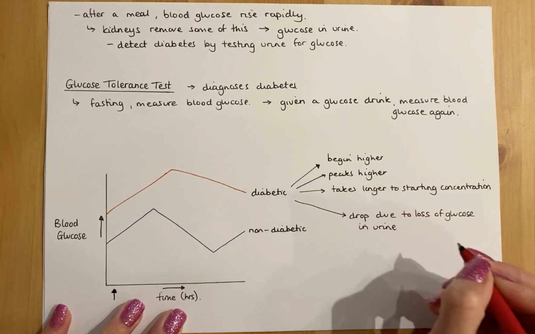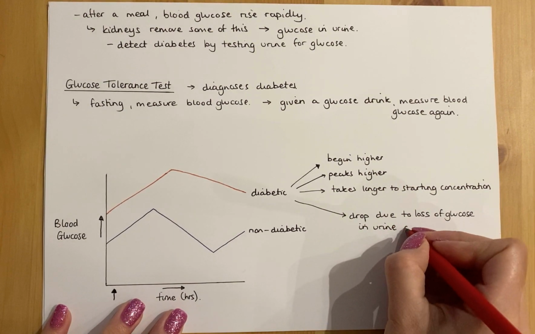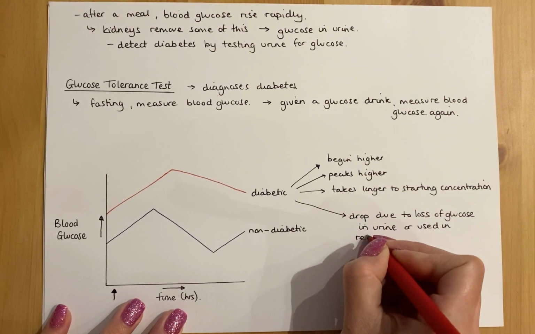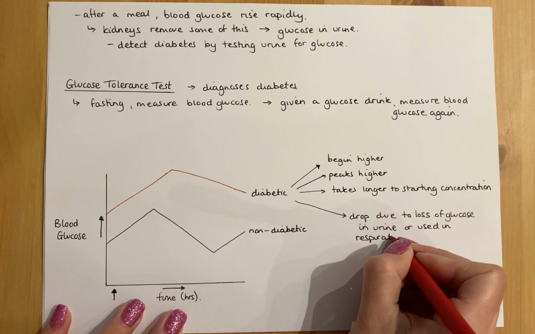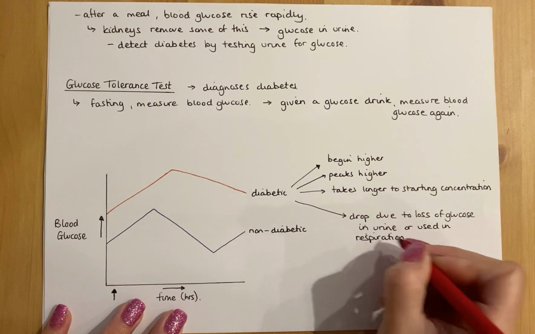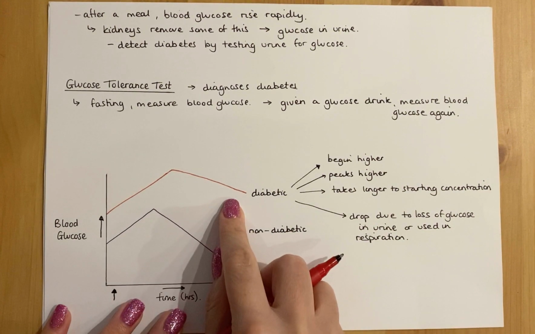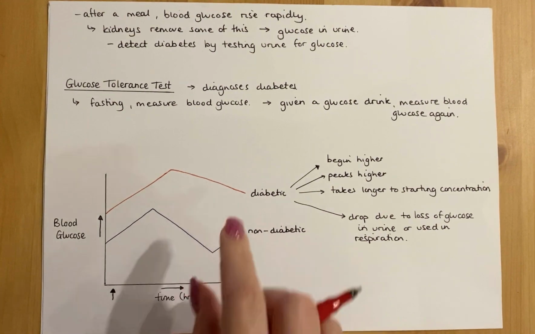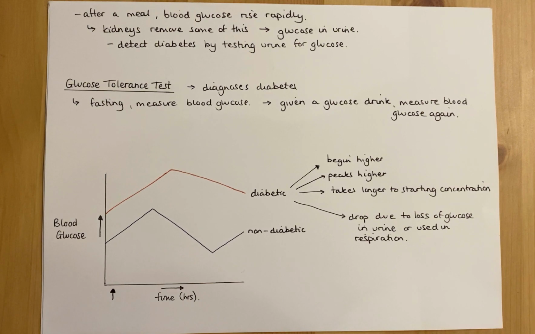Also, that glucose can be used in respiration, so there would be a drop in blood glucose because of that use in respiration too. It's not being brought down by the storage of glucose into glycogen, because that would be what insulin would do. It's being lost due to glucose being processed and then dumped out of the kidneys.